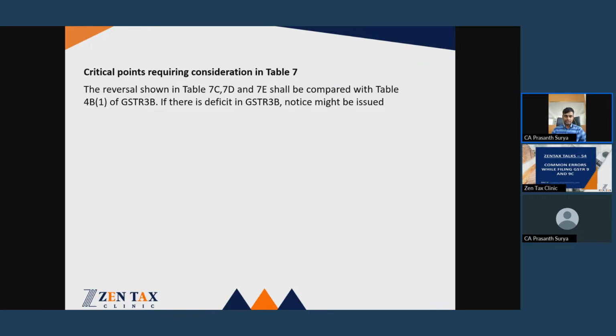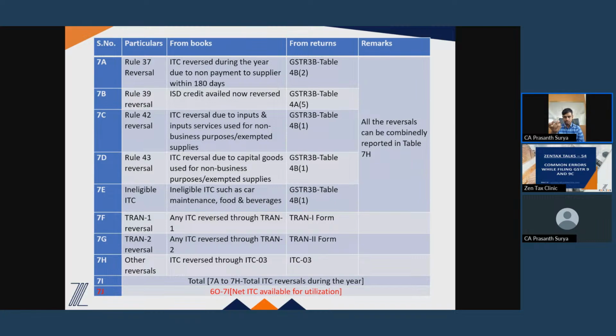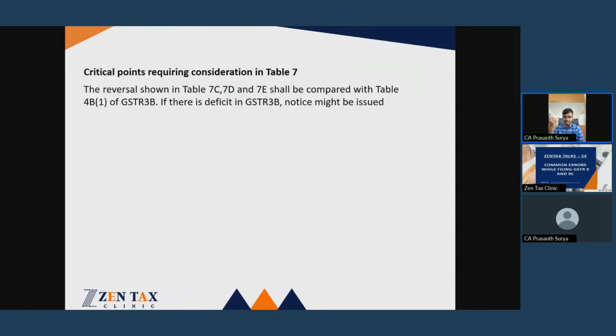It will also be compared with table 4B1 of GSTR 3B. Whatever reversals you have given, in table 7C, 7D, 7E, that is rule 42 reversal, common credit reversal, and table 7E is ineligible ITC, which you should mention, that will match with the permanent ITC reversal in table 4B1.